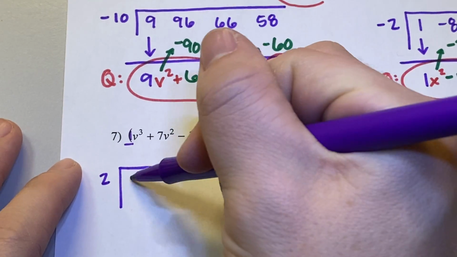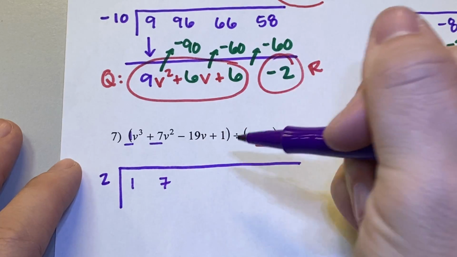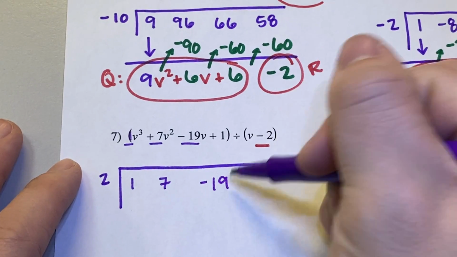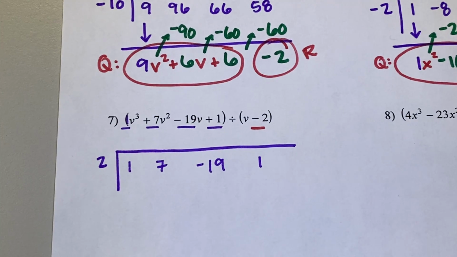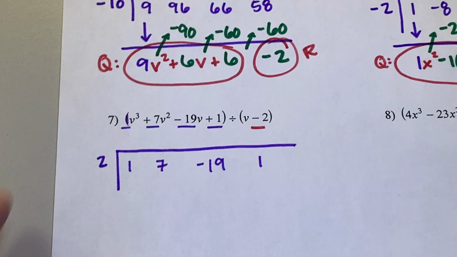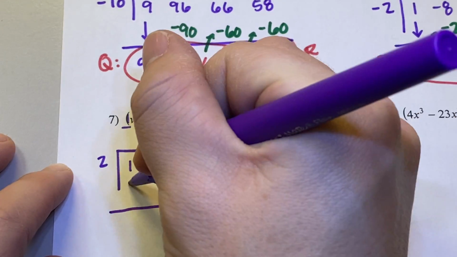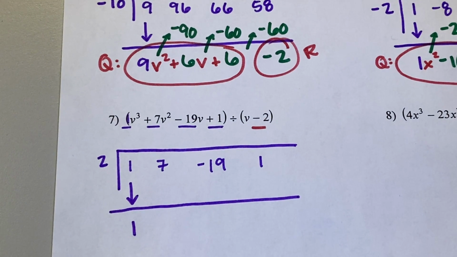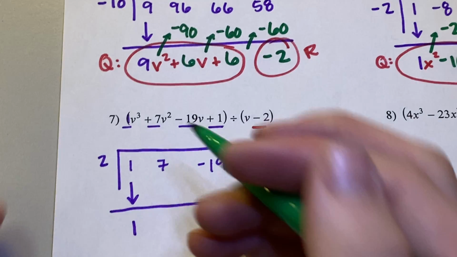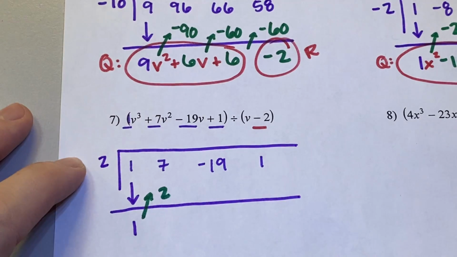We have a 1, a 7, -19, and 1. Alrighty. Draw your line, drop your first guy. 2 times 1, what's going to go in my next little space? +2.